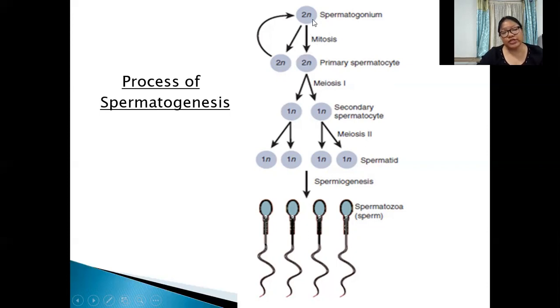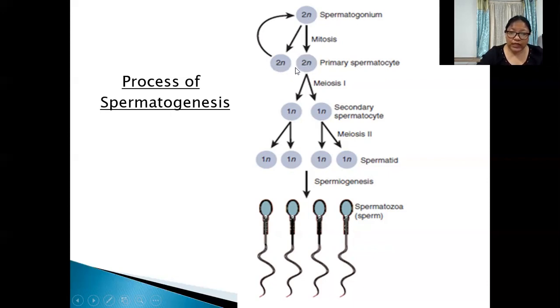You see here initially there was only one 2n spermatogonium, but after it underwent mitosis you can see there are two 2n spermatogonia, one here and one here. So the number has increased. That means it will remain diploid, but only the number will increase.